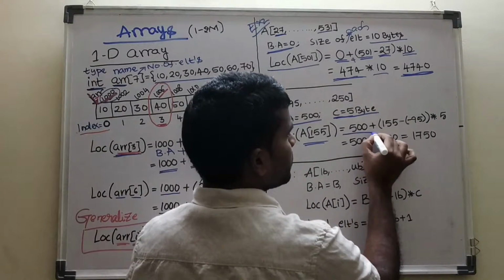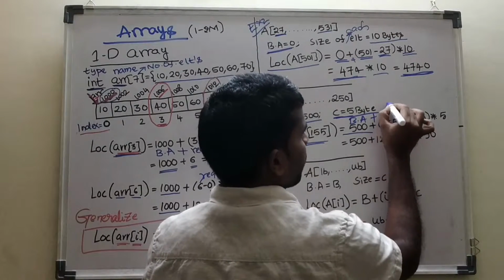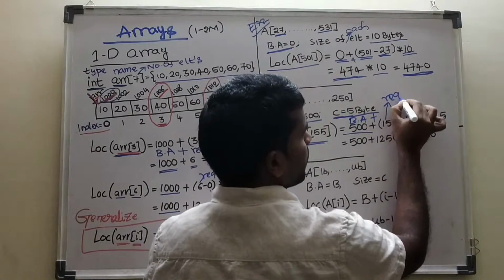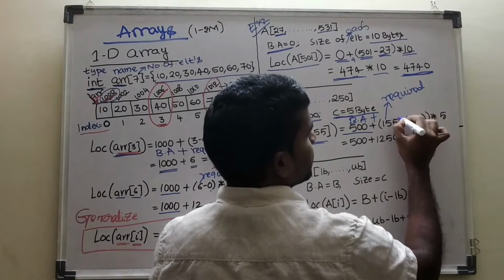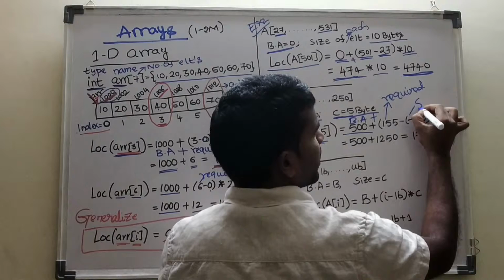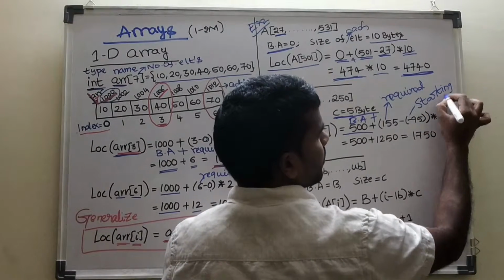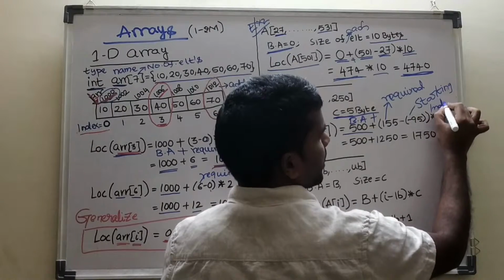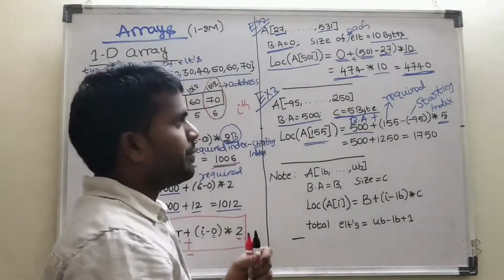Base address plus the required index minus the starting index, into the capacity of the element.